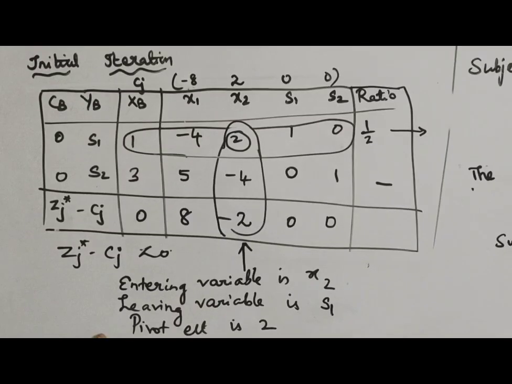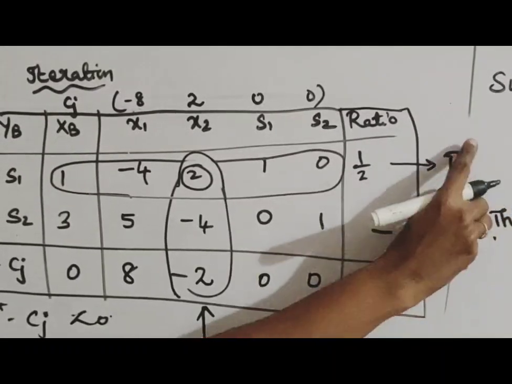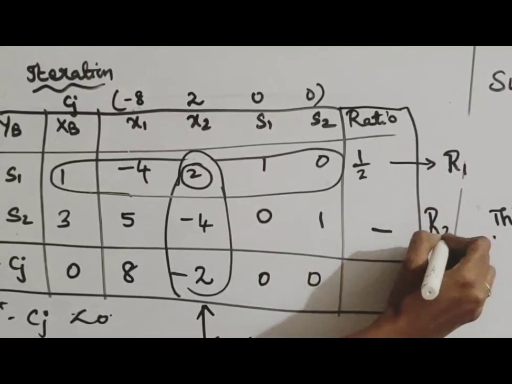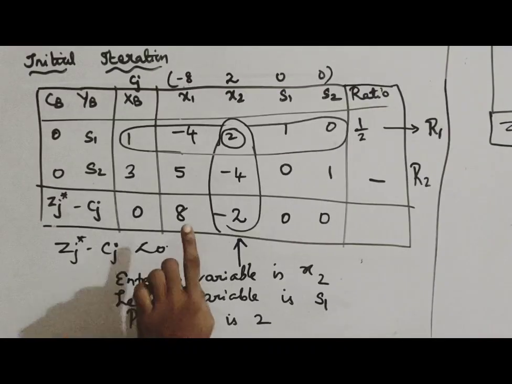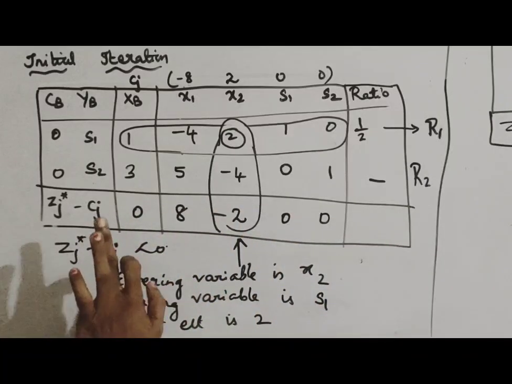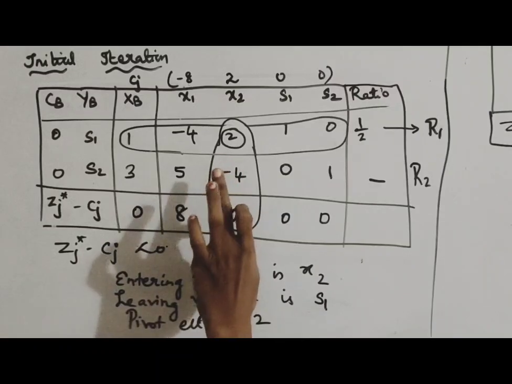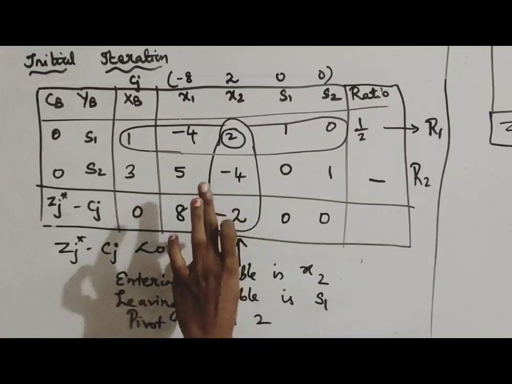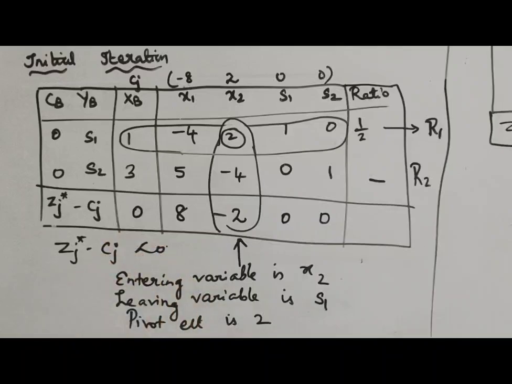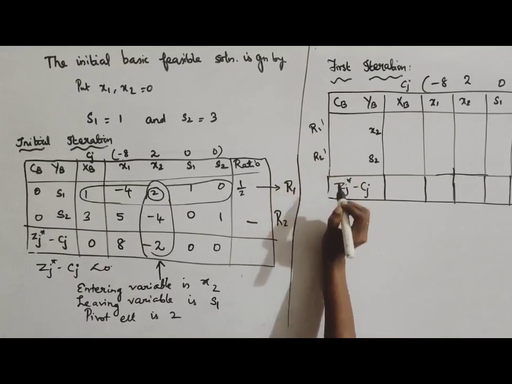Okay. Now, finding the value for the first iteration by using these three values, right? Here, you have to mention this as first row R1 and this is R2. Now, we have to find the first iteration. First, you have to solve the first row. The leaving variable is S1, right? Therefore, you have to solve the first row. Here, this is R1 dash, this is R2 dash.